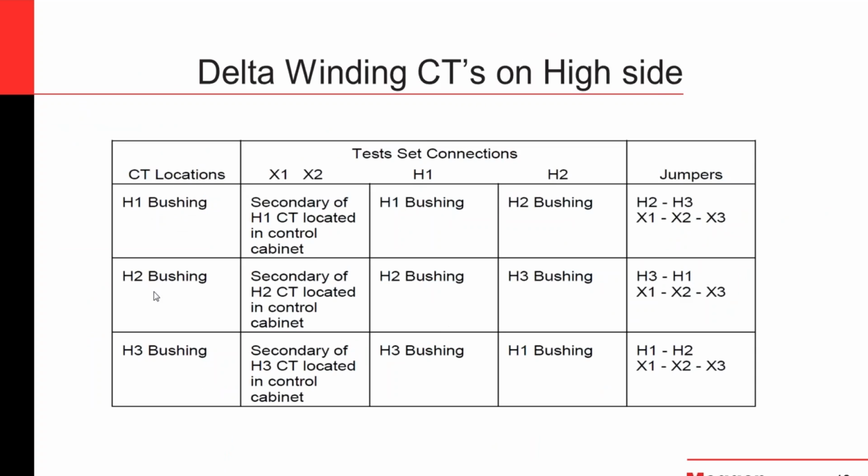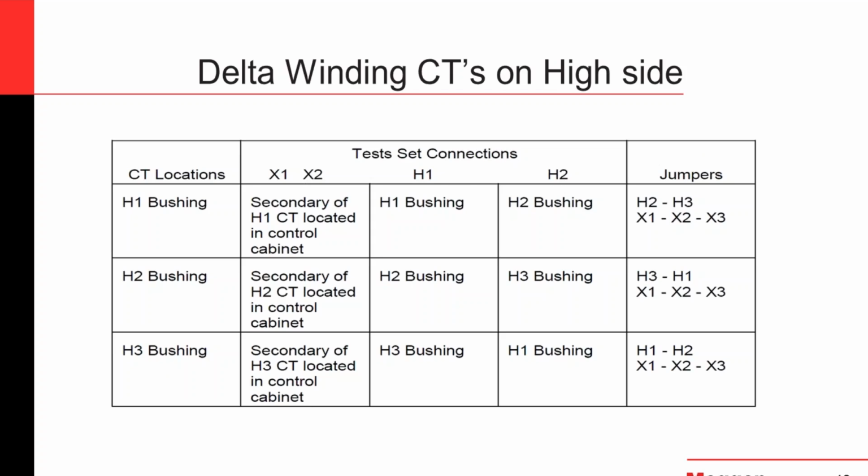So this is for H1. What we have done here is we have made a table of how to do the CT testing if the CT is on H1 bushing, H2 bushing, and H3 bushing. What all the things you have to jumper, and how you have to connect your H1 test leads, H2 test leads, X1 and X2 test leads to the CT.